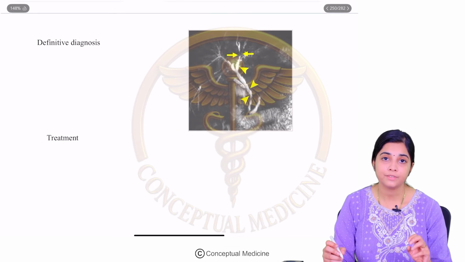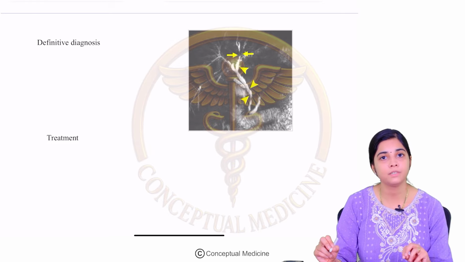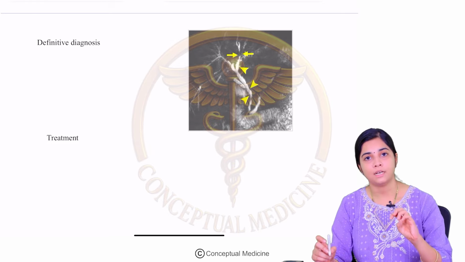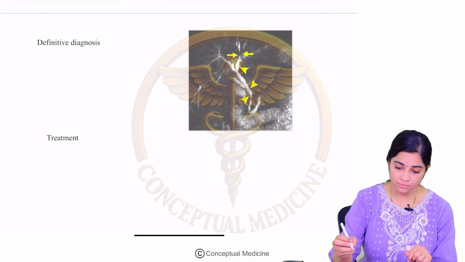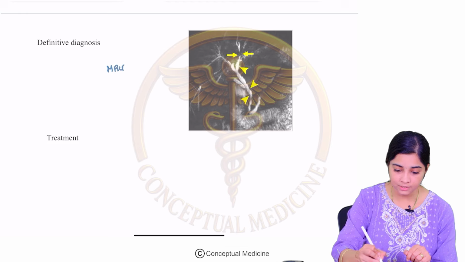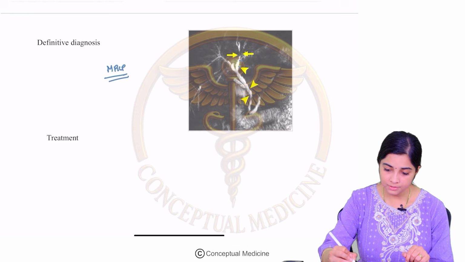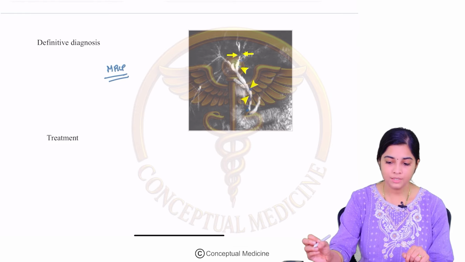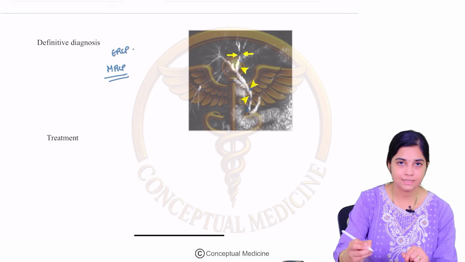So, how do you definitively diagnose? Of course, on the biopsy we know that, but in the ultrasound it is very difficult to find out PSC, and the investigation of choice would be an MRCP, where you find a beaded appearance of the biliary tract. You can either do an MRCP or an ERCP.